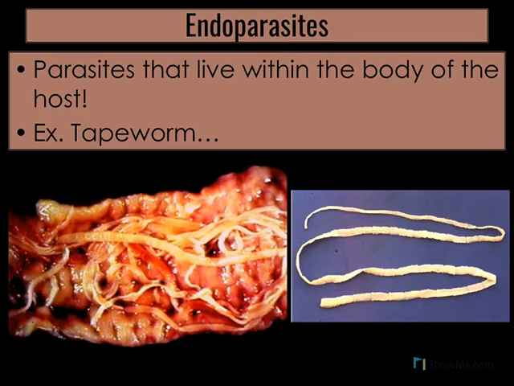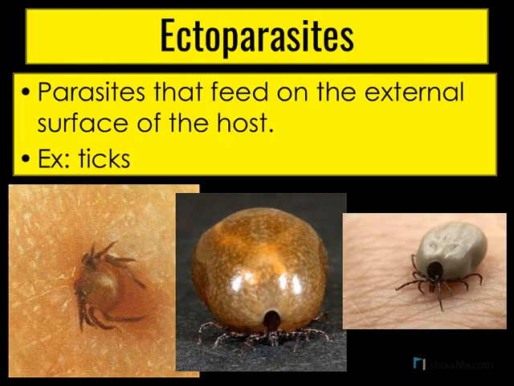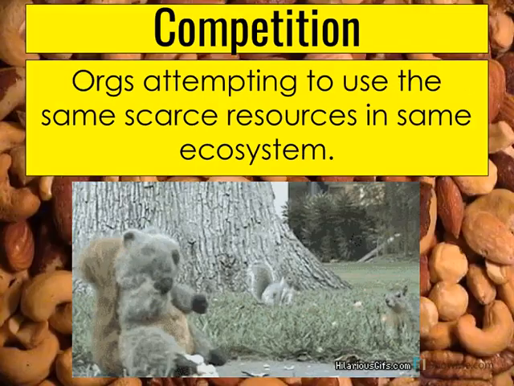You can think of some parasites, endoparasites. Endo is a root that refers to inside. These are parasites that live within the body, like a tapeworm. Pretty gross. Ectoparasites. This is a parasite that feeds on a host organism from the outside in. Ecto is the root that refers to outside, so you can think of ticks, also pretty gross.